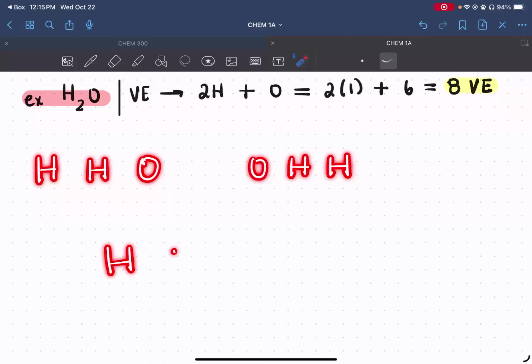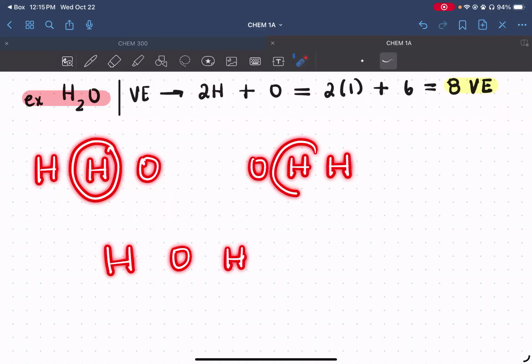Or we can have a hydrogen, an oxygen, and then another hydrogen. Please notice that although these are all the same atoms, they're in different orders. Of course, the 2 hydrogens are identical, but otherwise, what's different? In this case, a central atom is a hydrogen. In this case, a central atom is a hydrogen. And in the last one, the central atom is an oxygen. And I do literally mean central atom, the atom in the center.